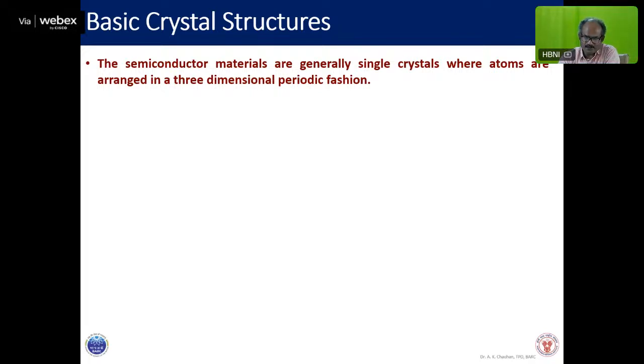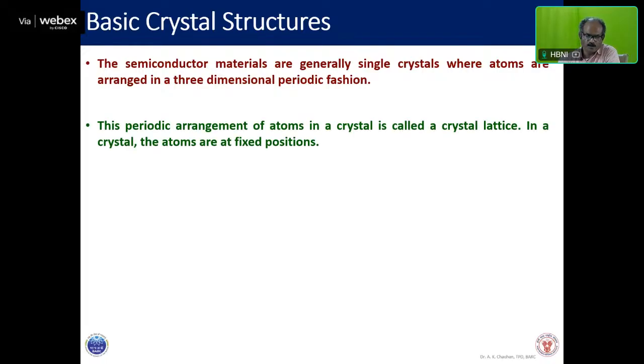The semiconductor materials are generally single crystals where atoms are arranged in a 3-dimensional periodic fashion. This periodic arrangement of atoms in a crystal is called a crystal lattice. In a crystal, the atoms are at fixed positions.